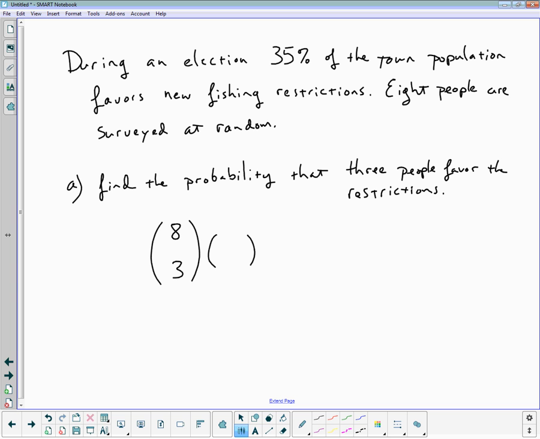The probability of a win? 0.35. And we have 3 people doing it. What's going to go in here? To the 5th. Okay?